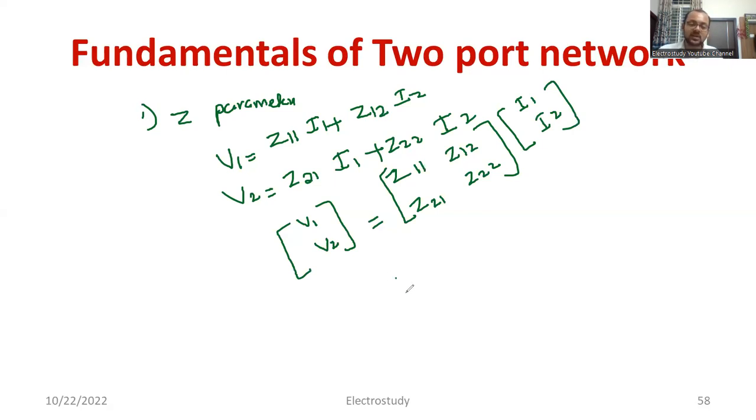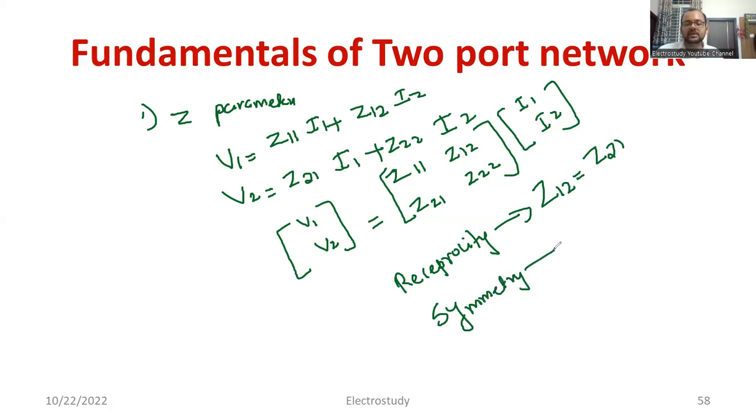Also, there is a condition called reciprocity. Note on this, everybody. The reciprocity condition is nothing but, consider the Z matrix: if Z12 is equal to Z21, then we call it reciprocity. Also, there is another condition called symmetry.